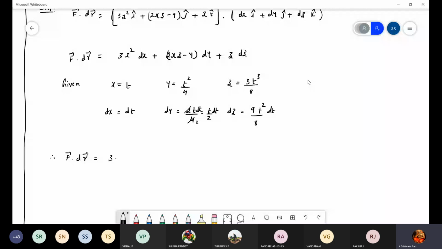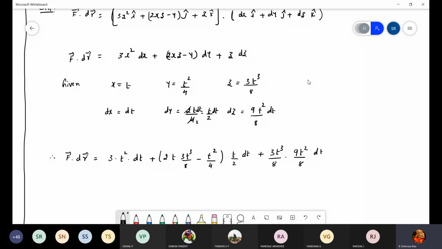3 into x square is t square into dx, which is just dt, plus 2 into x is t, z is 3t cube by 8, minus y, which means t square by 4, completely multiplied by dy. dy is t by 2 dt, plus z is 3t cube by 8 into dz. dz is 9t square by 8 into dt.